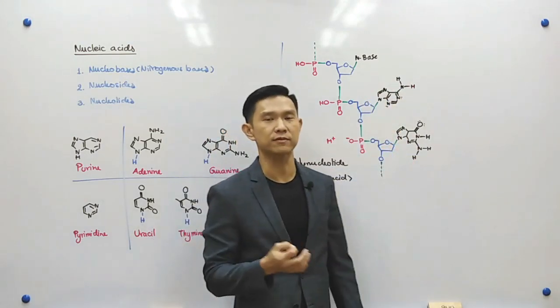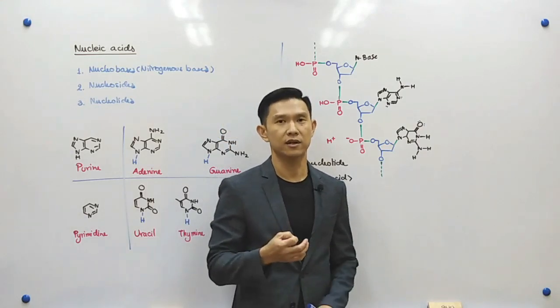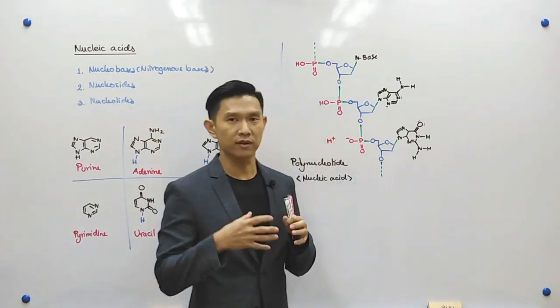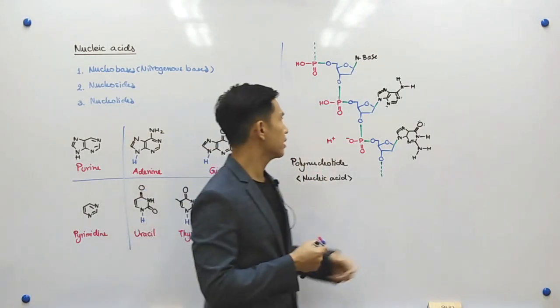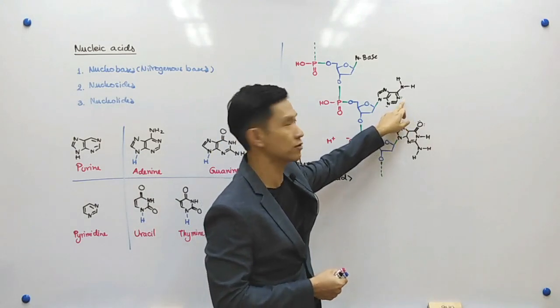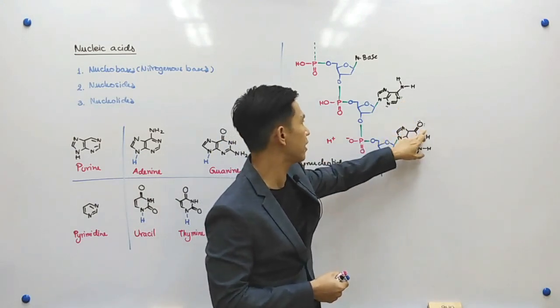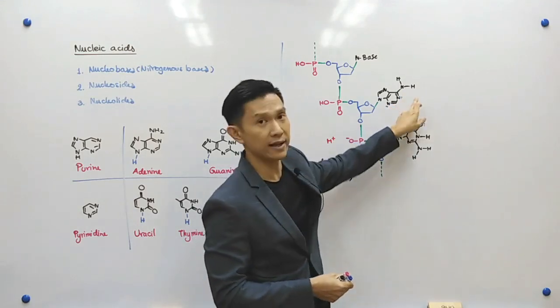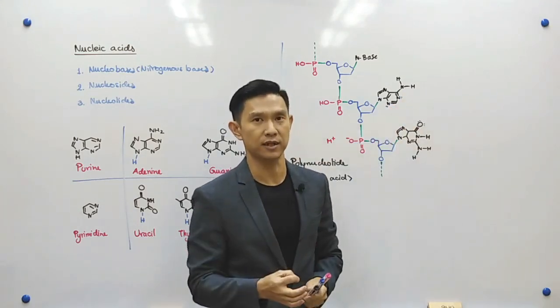So if your hydrogen atom is positive, then it can make a hydrogen bond with other atoms with very high electron density. High electron density is like this: the electron pair of a nitrogen atom, the electron pair of your oxygen atom. So this hydrogen atom is called the hydrogen bond donor.